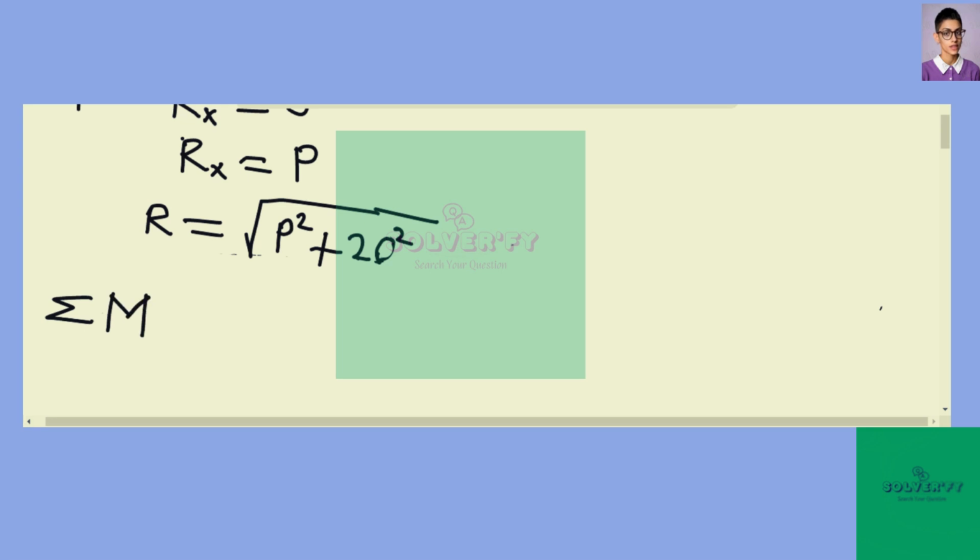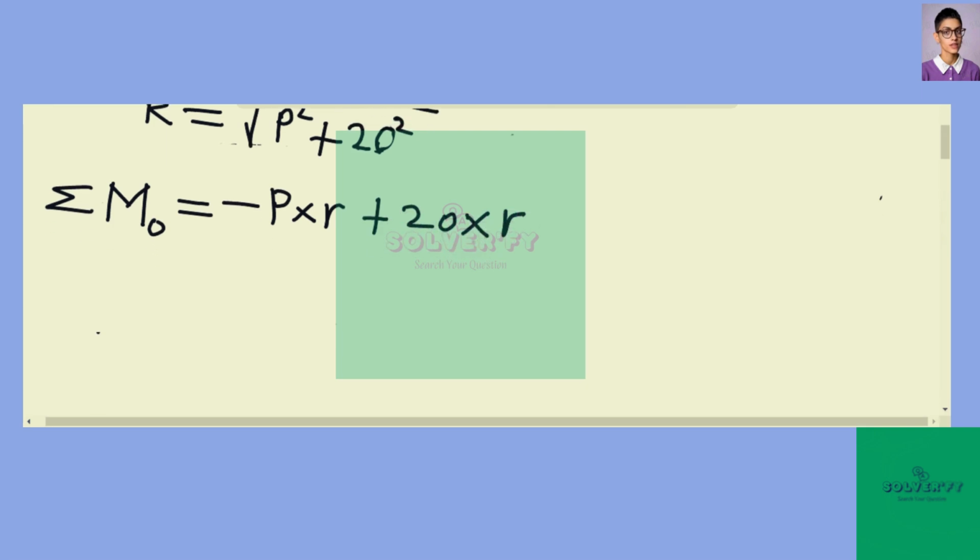If we consider moment about O, check the diagram, you will have something like this: P times the radius of the collar, which is given, plus 20 times the radius of the collar. P acts at that perpendicular distance, and the 20 lb load is also going through that distance.